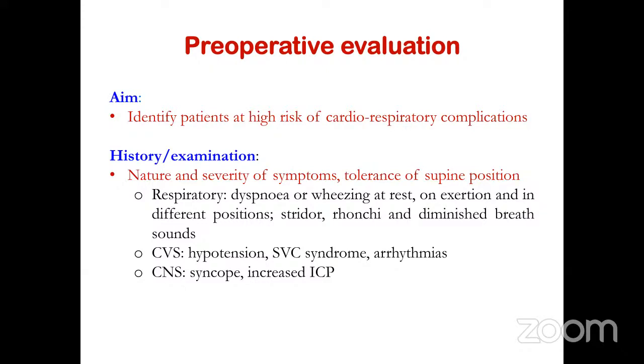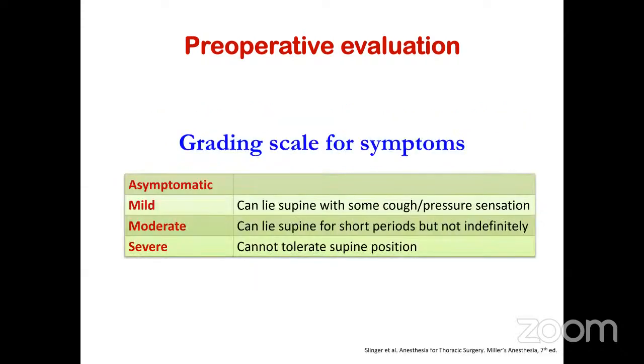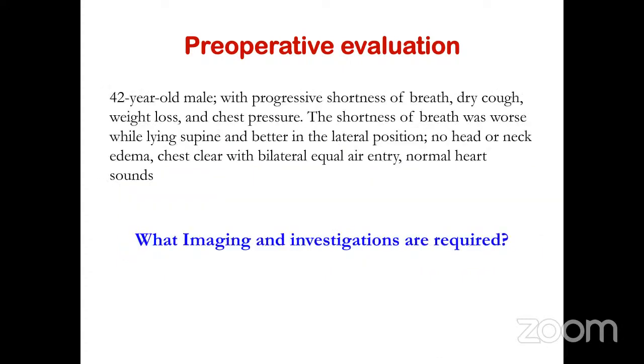Based on this, you should look for the various symptomatology, and you should also look for the severity of symptoms that I have just discussed, whether we are talking of the respiratory system, the cardiovascular system, or the CNS. So try to look for the symptoms and the severity, and accordingly grade them as mild, moderate, or severe. Depending upon this, you can not only prognosticate, but also rehabilitate and plan your anesthetic management accordingly.